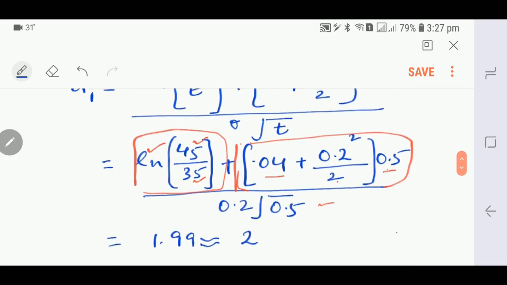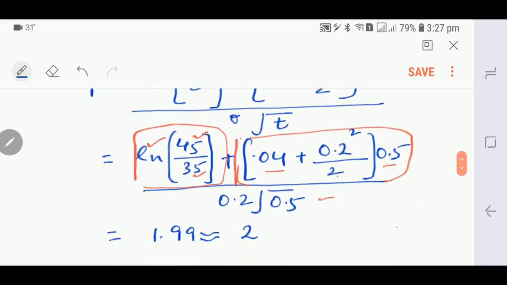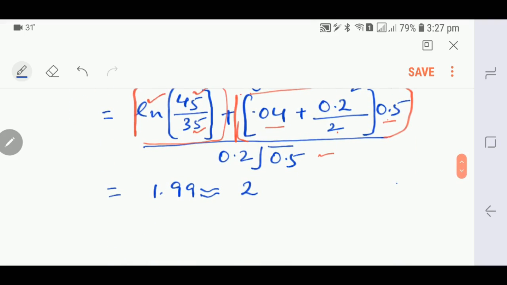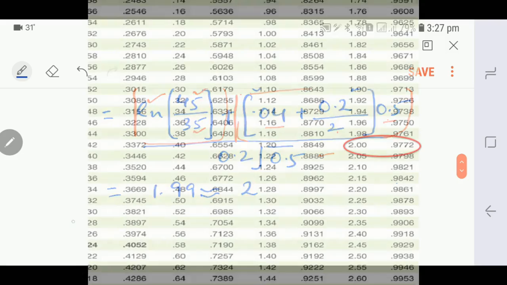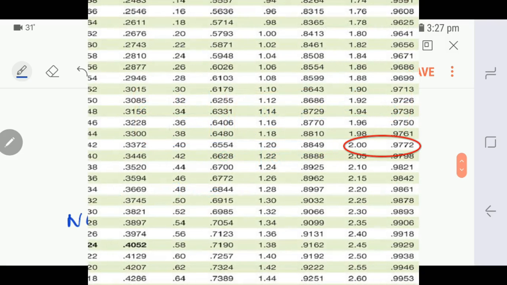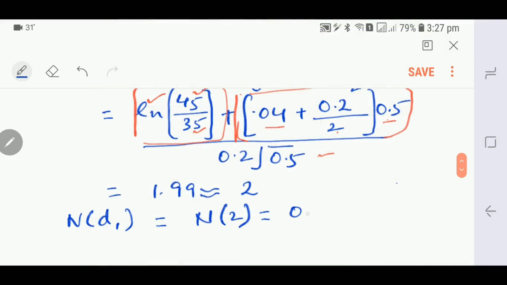So once I know the value of D1, I can go to the cumulative normal distribution table and find out the value for N of D1, which will be actually N of 2. When I go to that table, I'm going to find that the value against 2 is equal to 0.9772.